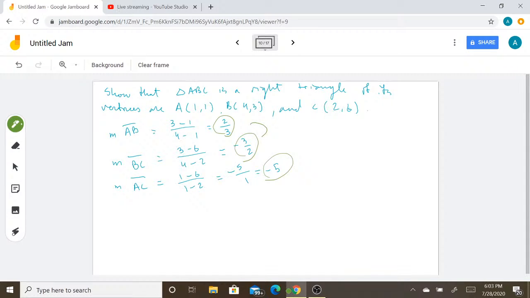So the triangle would look something like this, with this side being AB and this side being BC. Because they're perpendicular, they're going to create a right triangle, and then this side would be AC.